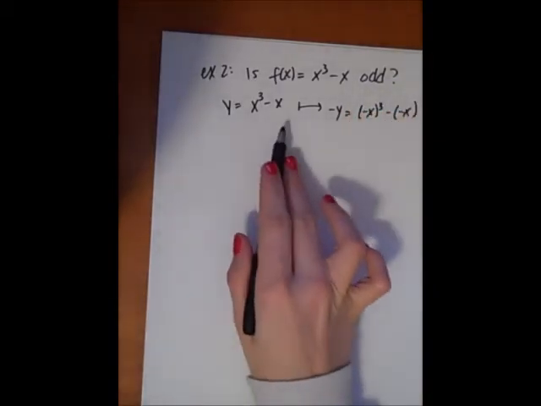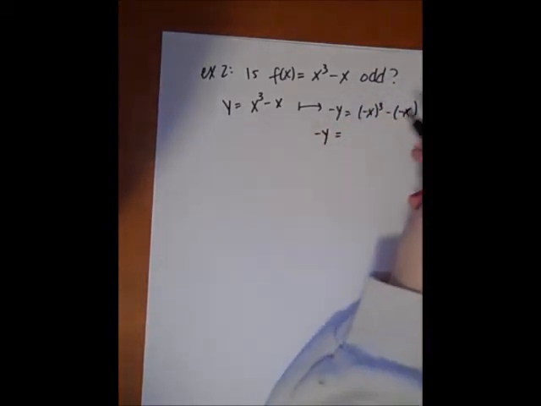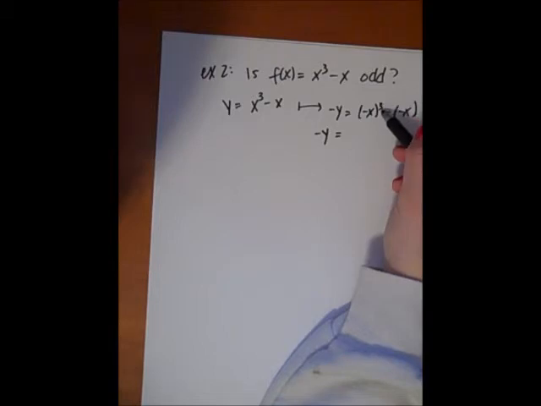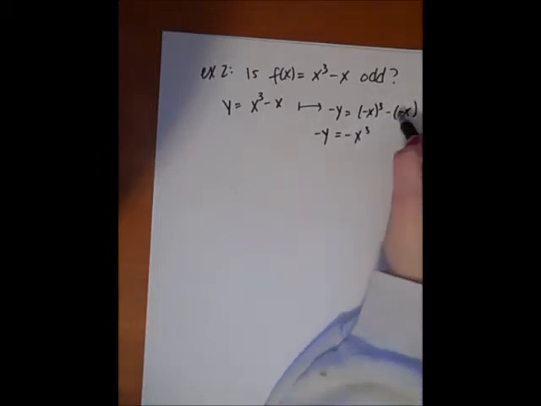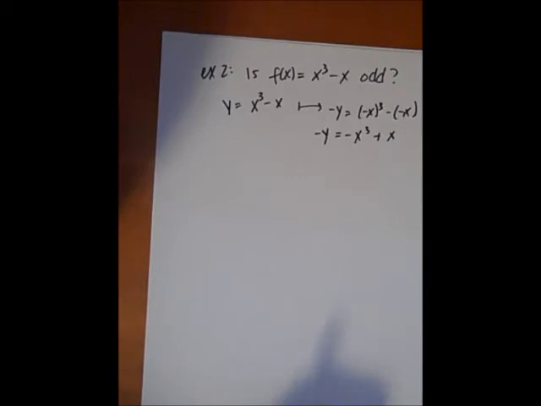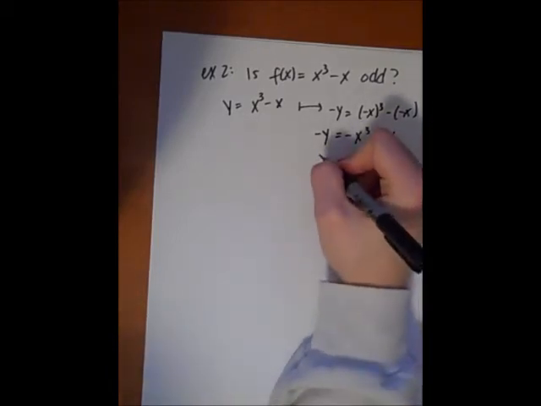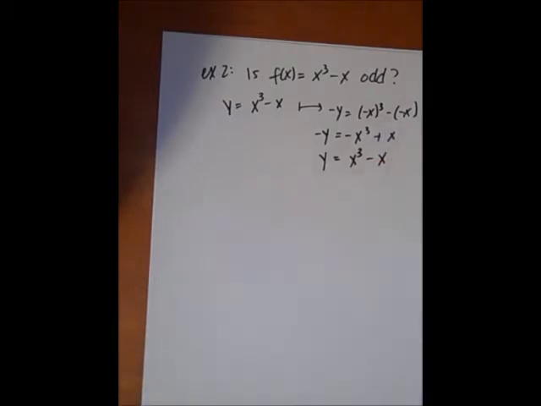So I replace my two x's with negative x. Simplify. Negative x cubed, that's an odd power, so this is negative x cubed. Now negative and negative gives me a positive. And now let's divide everything by negative 1 to get rid of that negative out front. So I'll have y equals x cubed minus x.